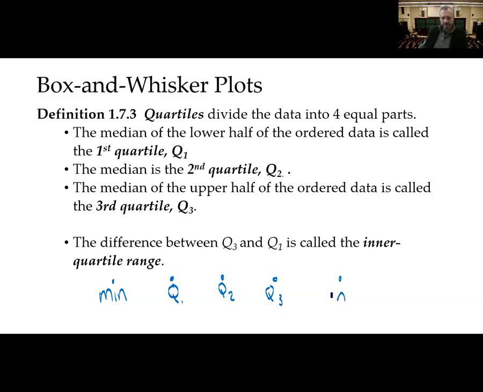And again, these are all going to be sitting on a number line. Then what you can see is that these values separate the data into 4 parts. So we've got 1, 2, 3, and 4 between min and max, and hence quartiles.